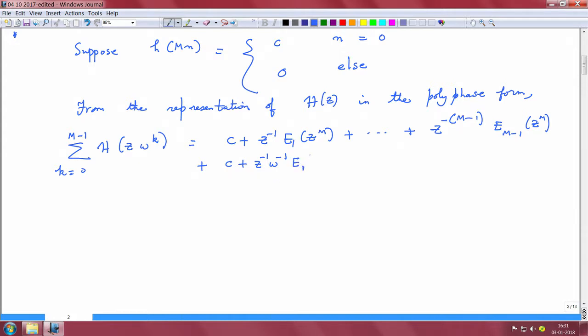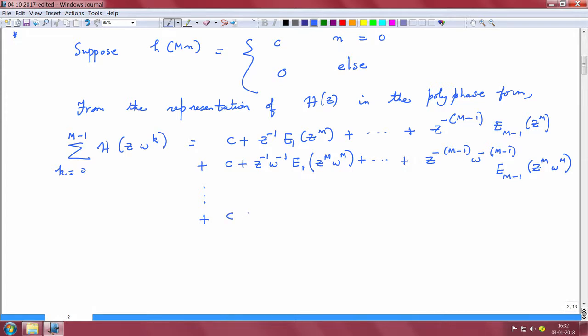You have E1 of z power M omega power M plus dot dot dot z power minus M minus 1 omega power minus of M minus 1 E M minus 1 of z power M omega power M. This is the k equals 1 term. You do this till k equals M minus 1.